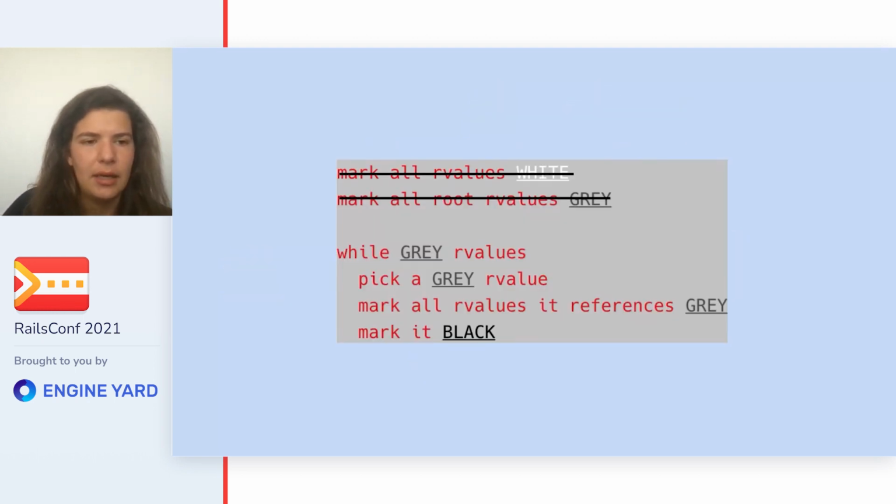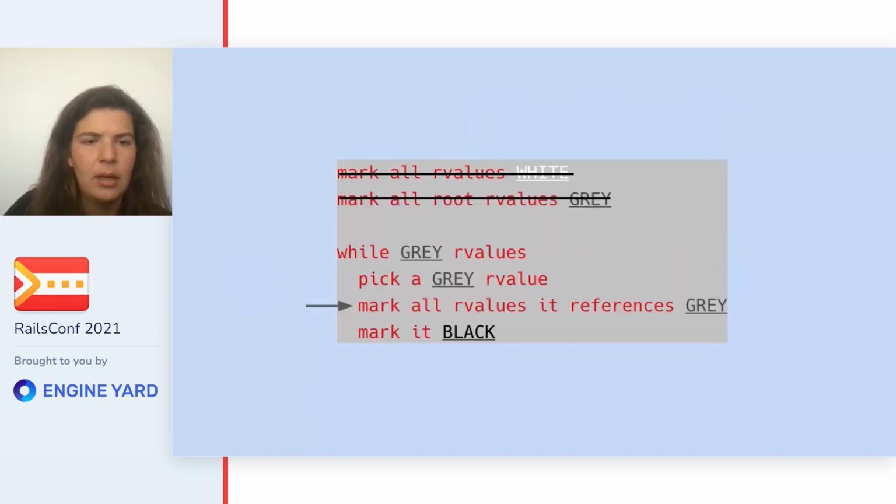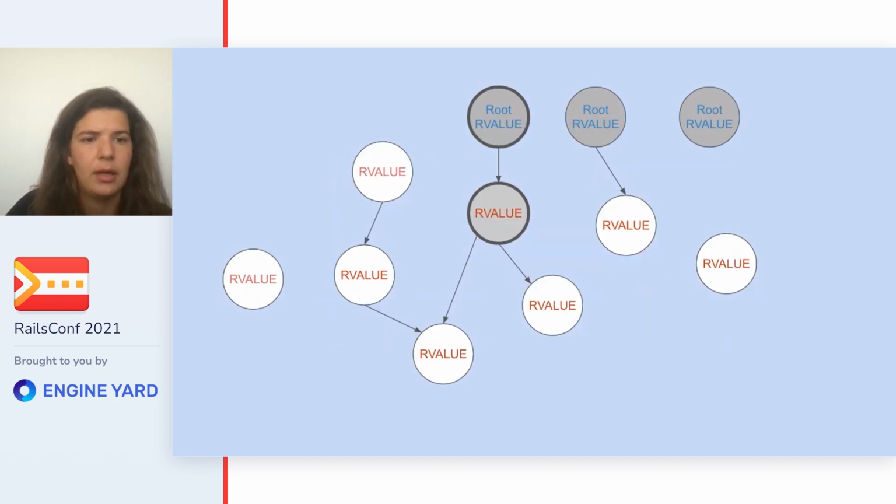Our next thing is a little while loop. So while there are gray R values, okay, pick a gray R value. Okay, we'll pick this one. Mark all R values it references gray. Great, that's just the thickly circled one.